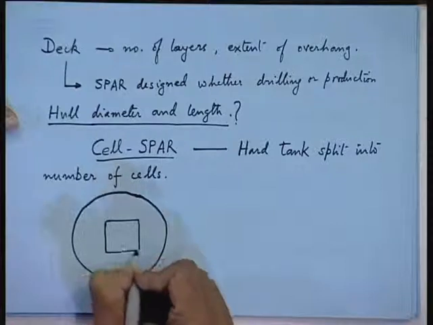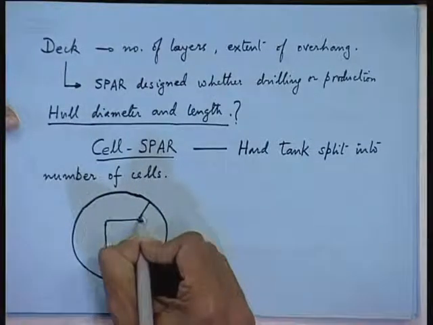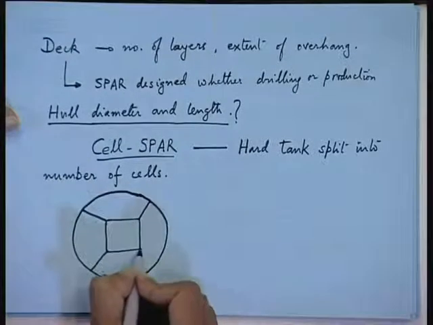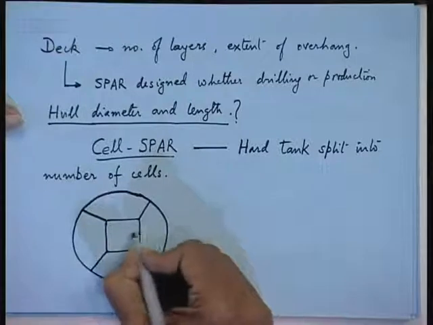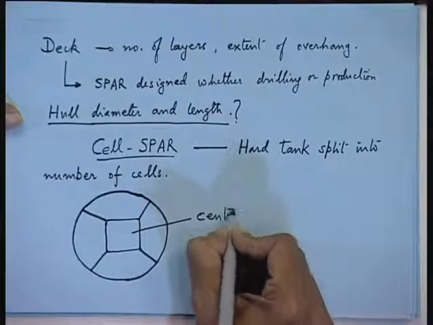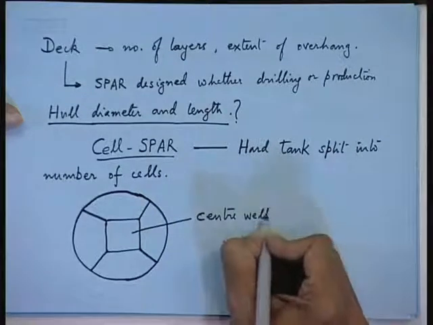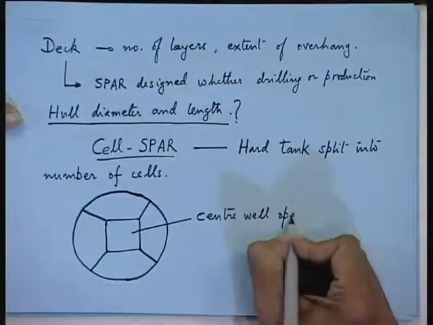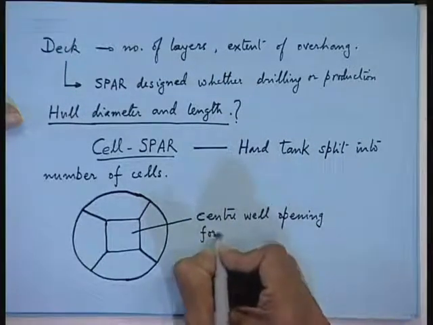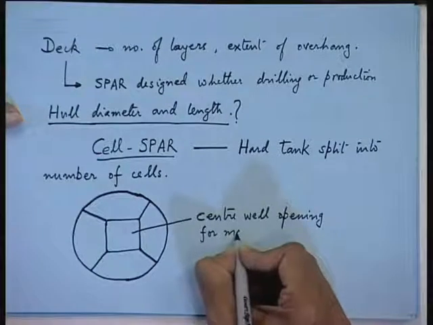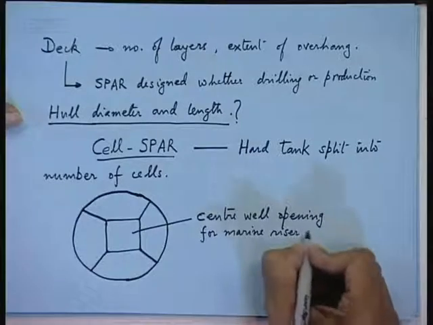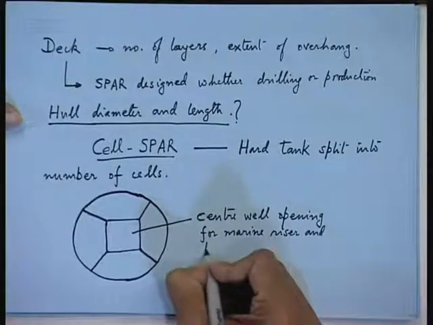The construction of this is a little bit different from your ships. I am just giving you a sketch. This is called the center well, or center well opening, for what? For the marine riser, and buoyancy tanks.